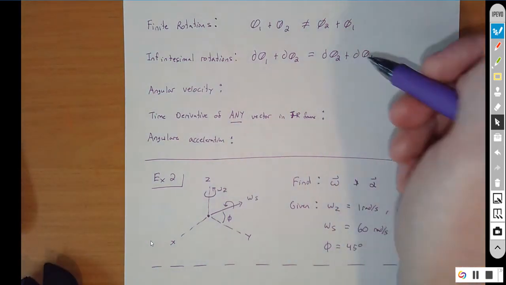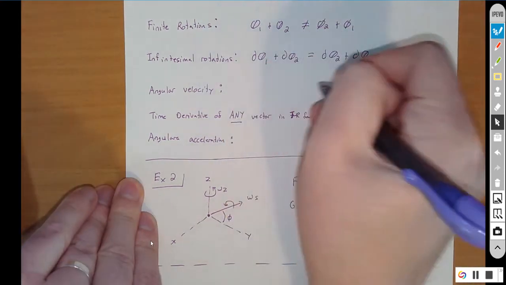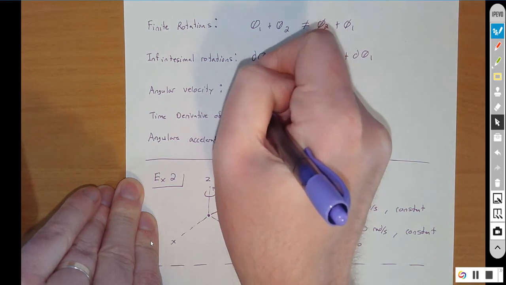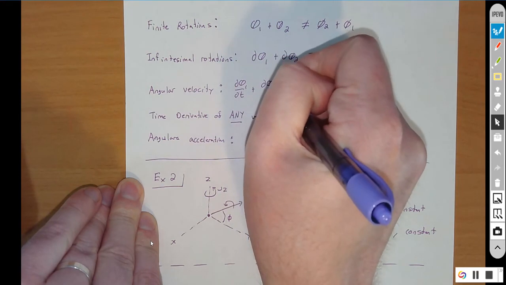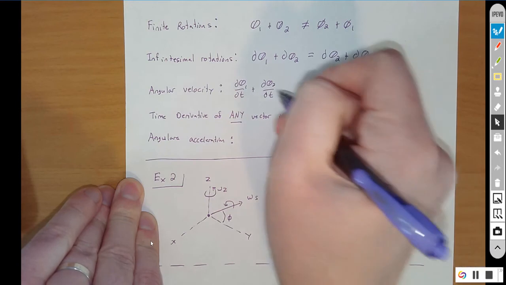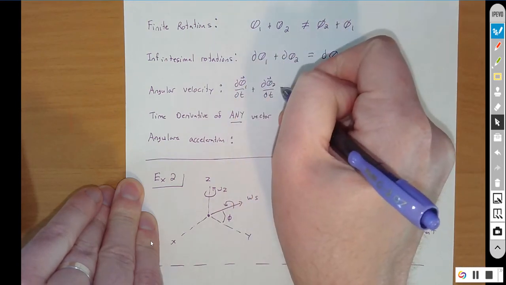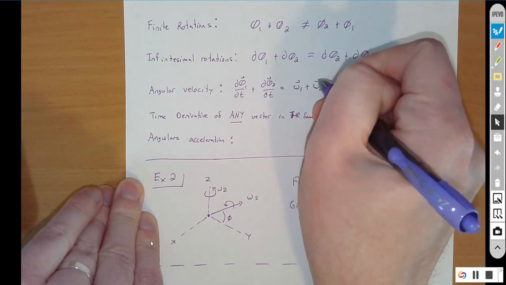And this is a good thing. This means that something that uses this, such as angular velocity, so I might have some d theta 1 dt plus d theta 2 dt, well, I can treat these as vectors, and those are the same thing as saying omega 1 plus omega 2.